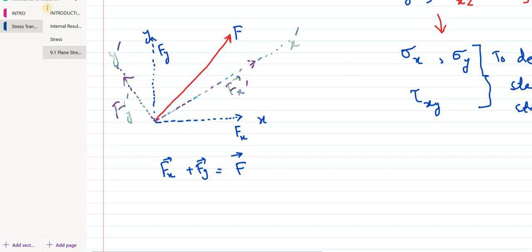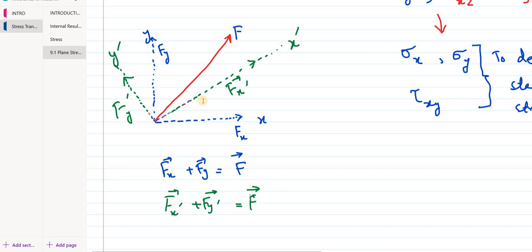Now again, the principle is that this vector Fx prime and Fy prime, if you sum them up, you should end up with the same vector. So you could have components like Fx prime and Fy prime, and as far as their sum is equal to F, this is also correct.